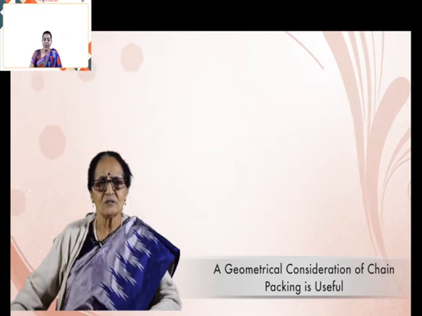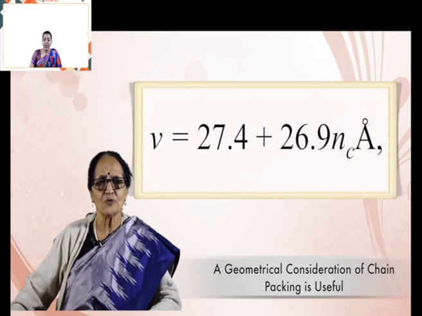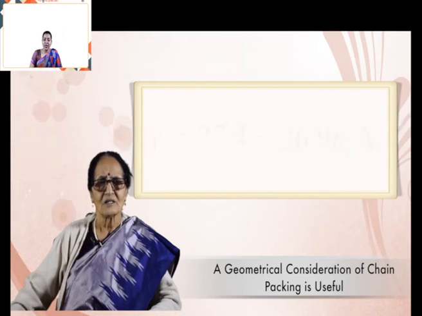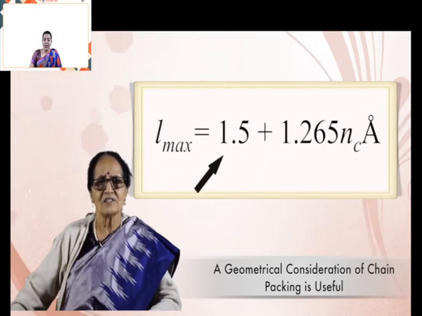According to Tanford, V is equal to 27.4 plus 26.9 Nc angstrom cubed, where Nc is the number of carbon atoms in the chain less 1, and l max is equal to 1.5 plus 1.265 Nc angstrom, depending upon the extension of the chain.